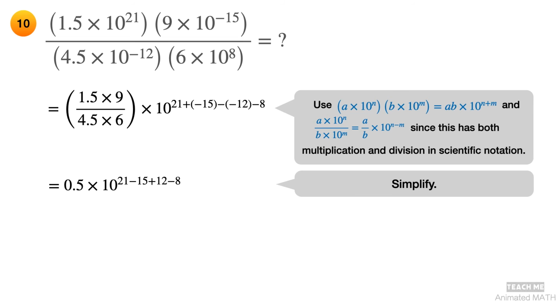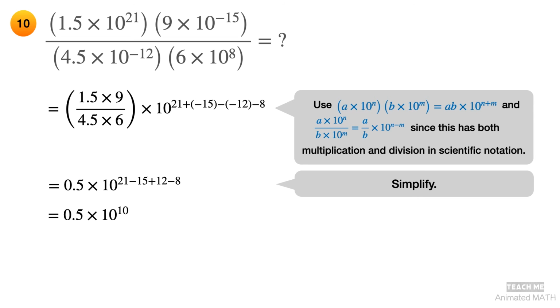1.5 times 9 divided by 4.5 times 6 is equal to 0.5. 21 plus negative 15 minus negative 12 minus 8 is also 21 minus 15 plus 12 minus 8.